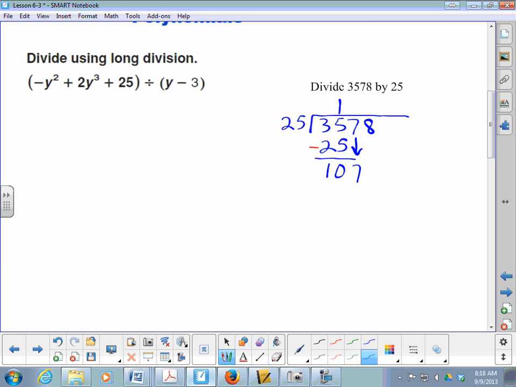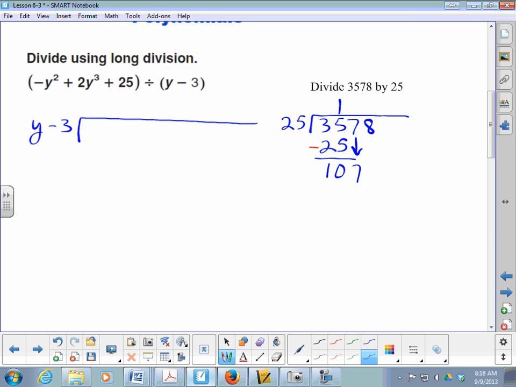Okay, so we're going to look at the polynomial division now before we go any further. First of all, when you're doing polynomial long division, it must be written in standard form. So if you look at our dividend in this case, because we have our dividend divided by our divisor, is the dividend in standard form? No. So we're going to have to write it in standard form when we put it underneath the divisor sign. So we have y minus 3 on the outside of the symbol.